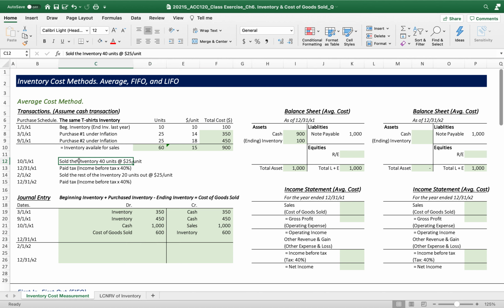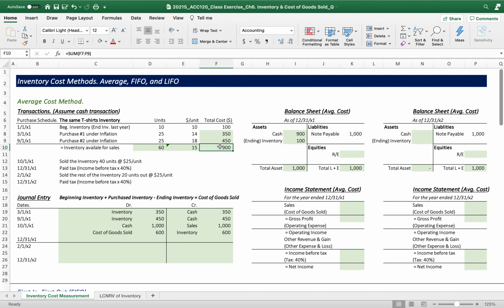Again, we sold 40 units at $25 per unit, but which 40 units out of this or this, we don't know. So out of 60 total units, 40 units are calculated at the average unit cost.